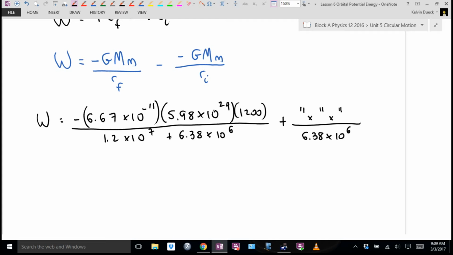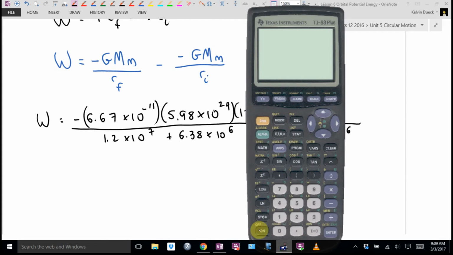I'm going to type in the first one carefully. Now get your calculators out, but go along with me. Negative 6.67 EE negative 11 times 5.98 EE 24 times 1200 divided by, I've got to put the bottom in brackets, 1.2 EE 7 plus 6.38 EE 6.